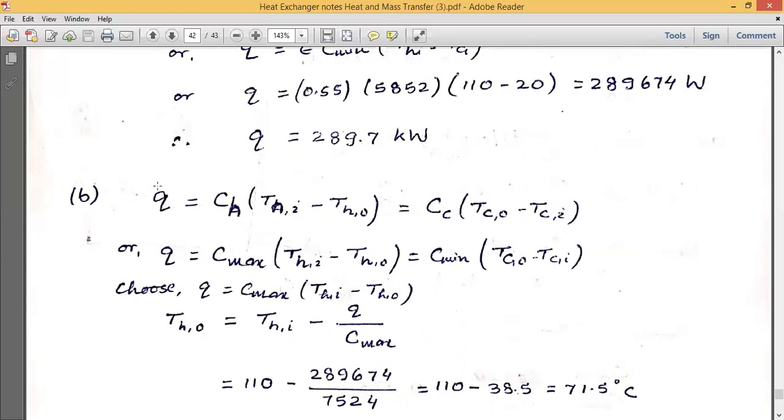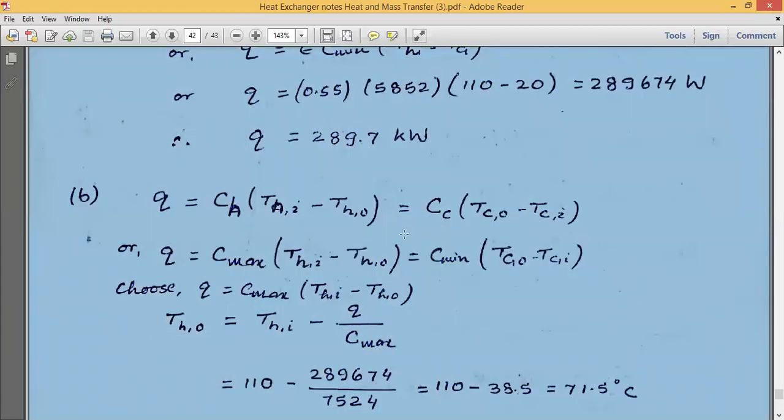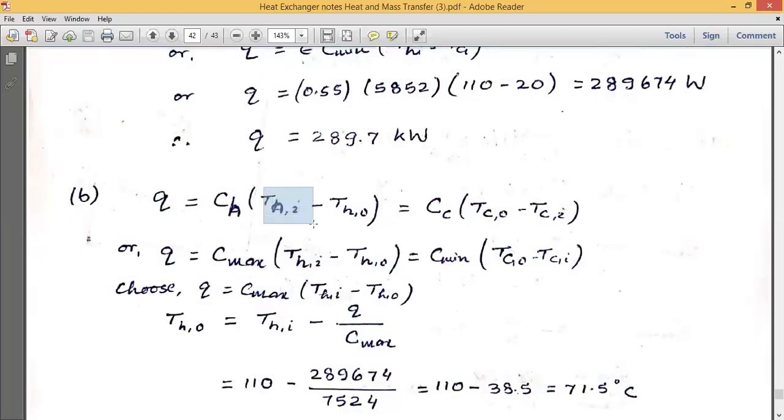Now the Q value we have calculated as 289.7 kilowatt. CH we have already calculated. CC value we have already calculated. The inlet value THI is given, TCI is also given, but TH naught and TC naught are not given, and it is our job to determine them.